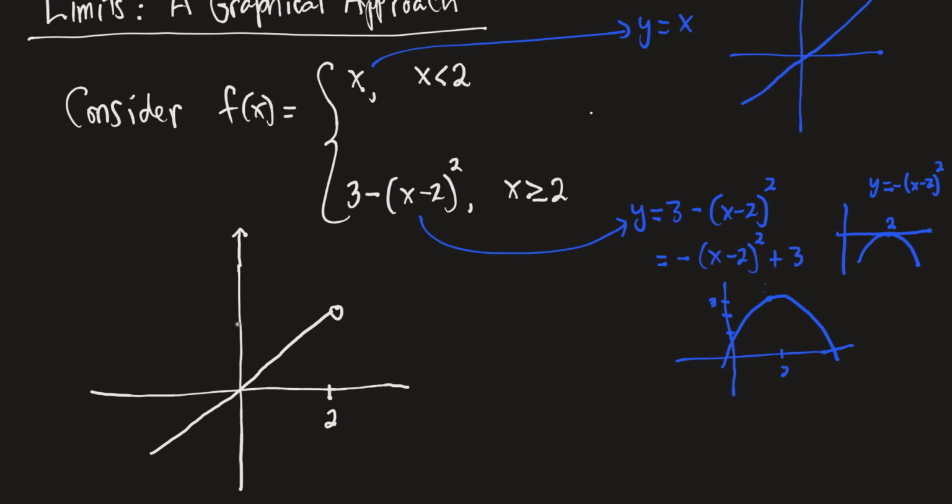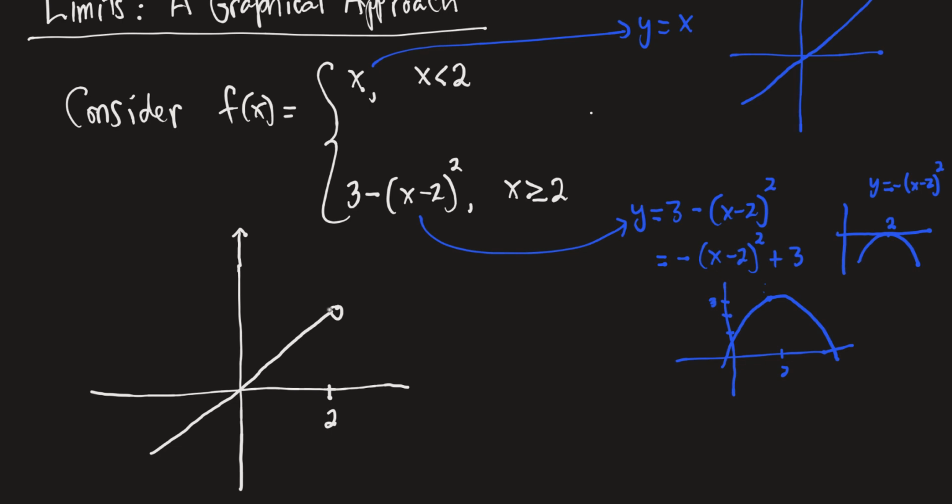Well, how would we know? Well, this linear function is y equals x. If there was an equal sign on this inequality, then it would be shaded in here, and when x equals 2, your y value on the line would also be 2.